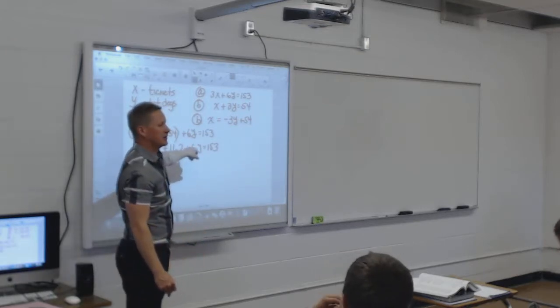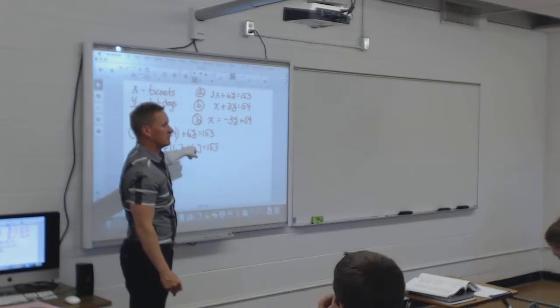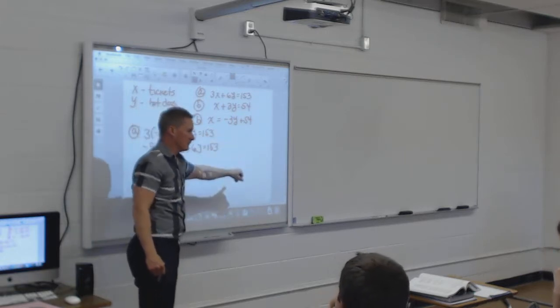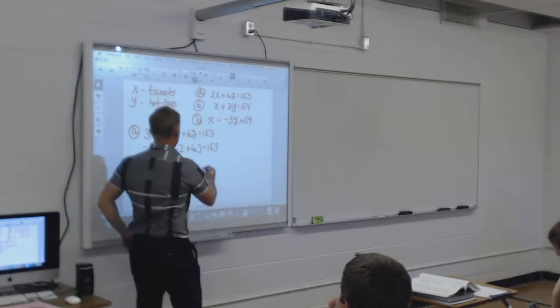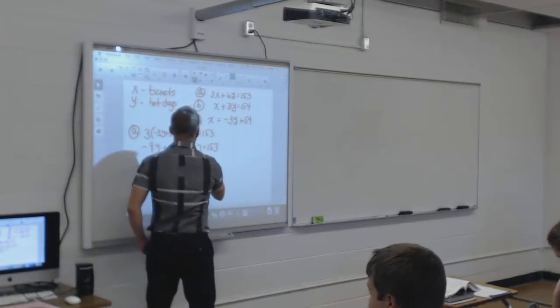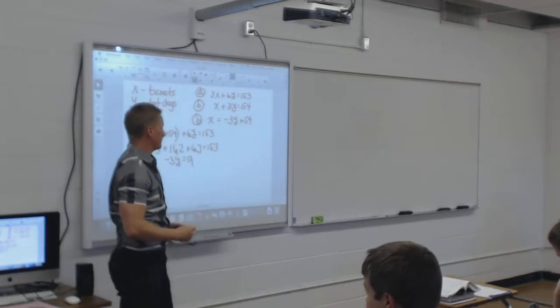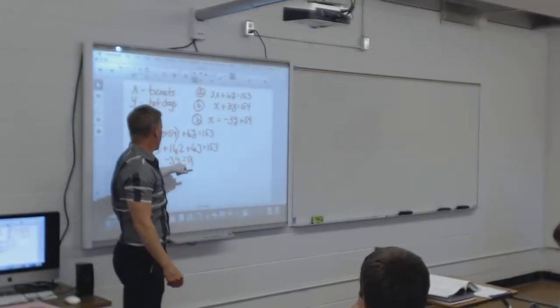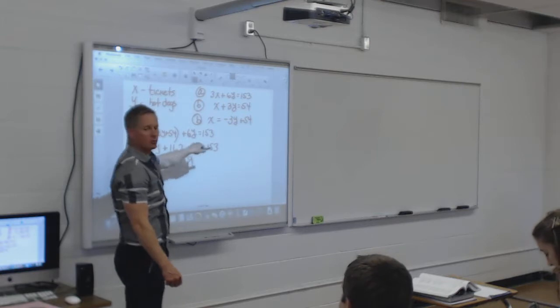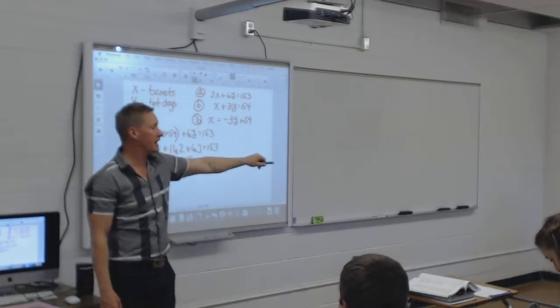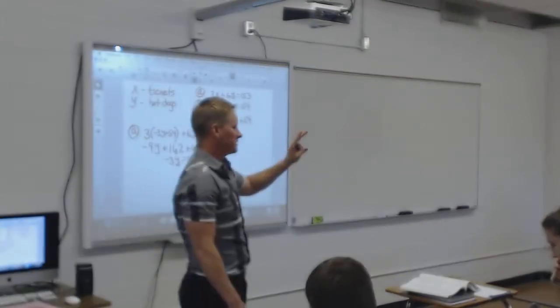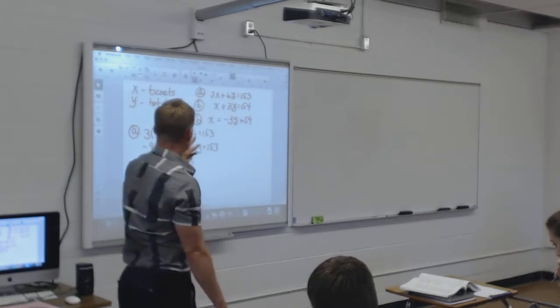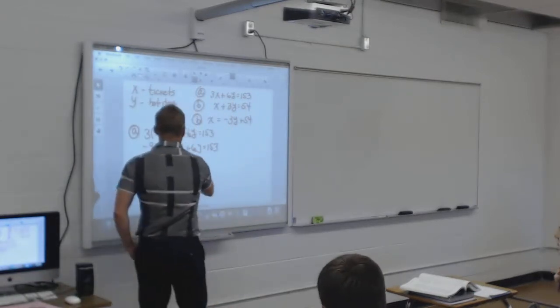What do I do with that 162? Subtract it to the other side, so that's going to give me minus 9. Agreed? Does everybody see what I did there? I added this to this, that gave me minus 3y, and I subtracted 162. Everybody see that? I did 2 steps at once. All right, so that's it. And what's the last thing?